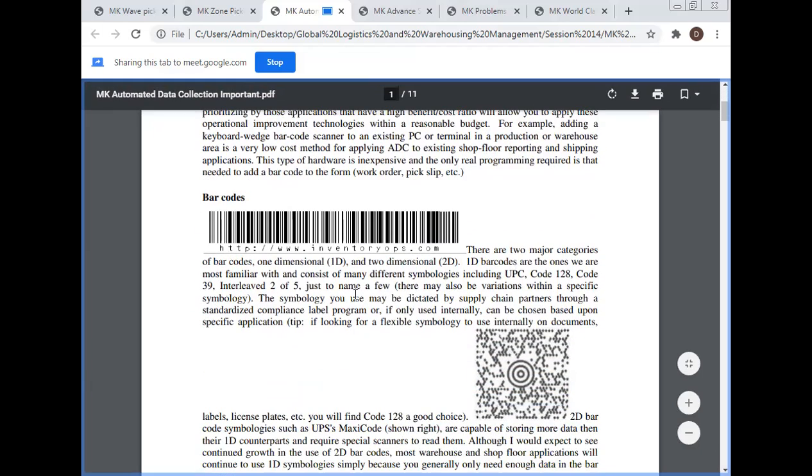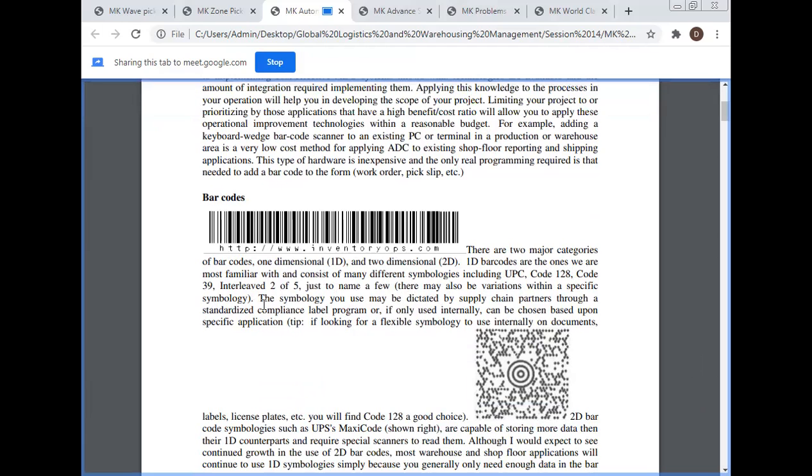There are two major categories of barcodes: one-dimensional and two-dimensional. One-dimensional barcodes are the ones we are most familiar with. They consist of many different symbologies, including UPC, Code 128, Code 39, and Interleaved 2 of 5, just to name a few. There may also be variation within a specific symbology.